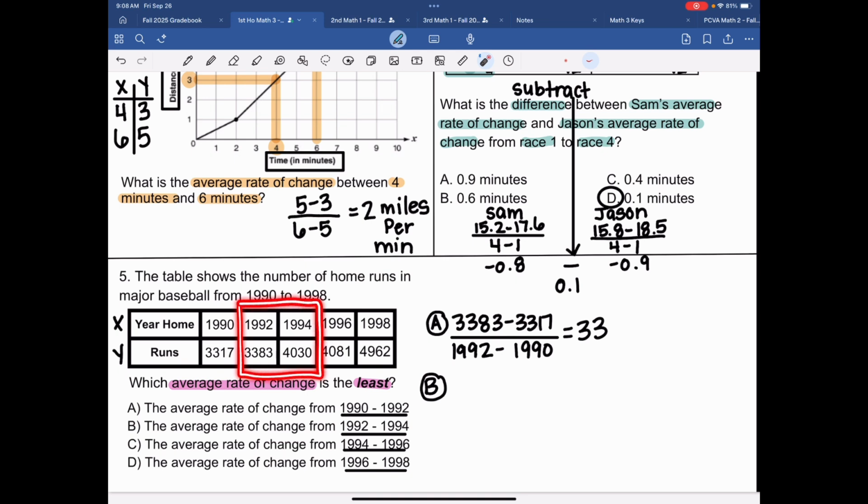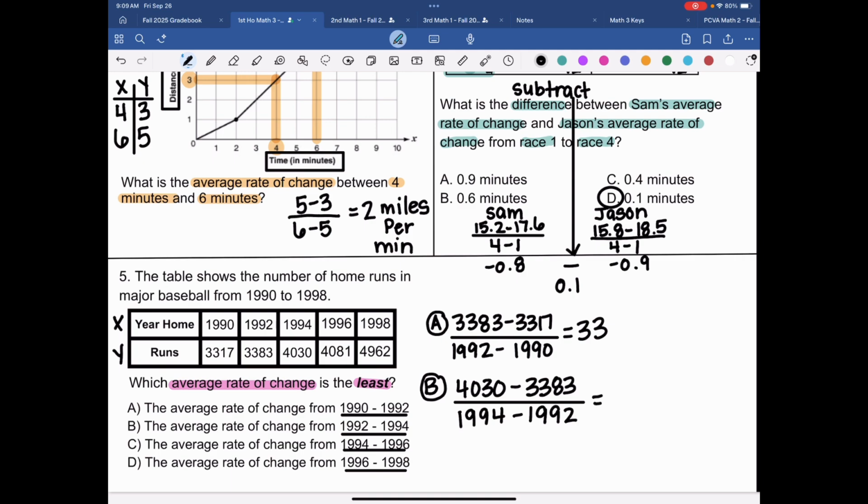So these right here. So if we're going to focus on those, this time this is X1, X2, Y1, Y2. So we're going to say 4,030, 3,383, and then we're going to say 1994 minus 1992.